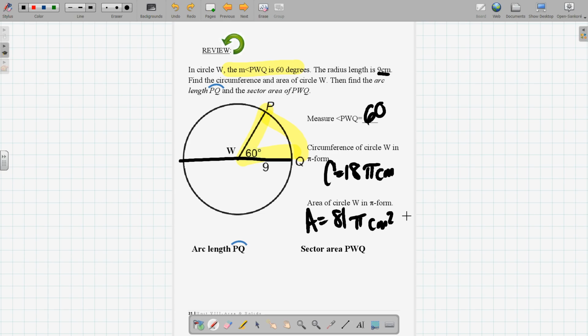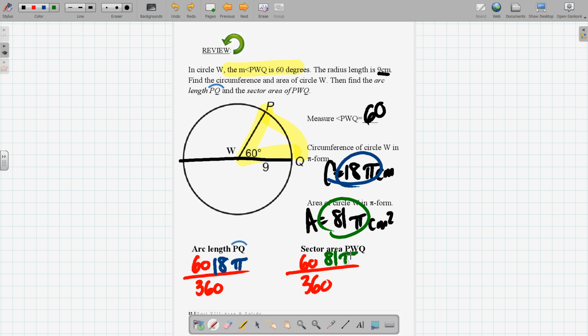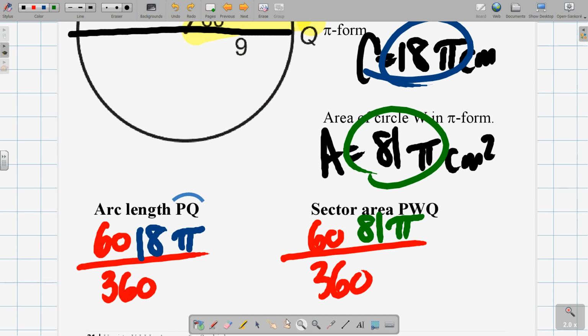Arc length is going to be a fraction of the circumference. And sector area is going to be a fraction of the area. Let's see how you did reducing these.